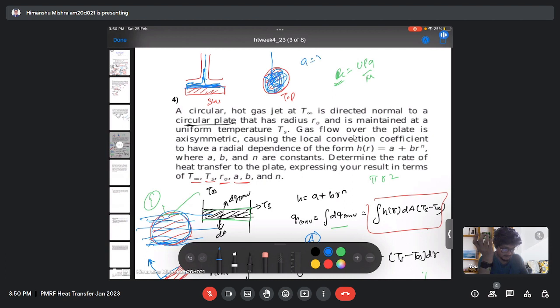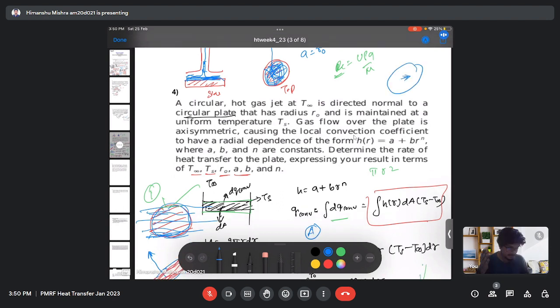So here A will be the R naught in this case, because the flow is actually spanning over the circular sheet, and if it becomes turbulent, it will become turbulent at the circular sheet. So when it moves across the circular sheet, there will be some laminar flow up to some distance, and after some distance it becomes turbulent in nature.